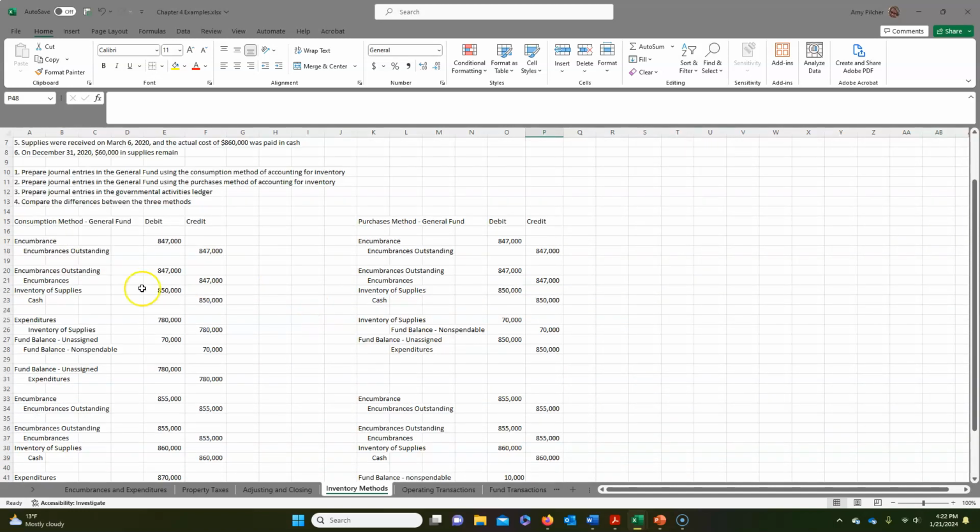Okay, so that's the comparison of the two different methods.